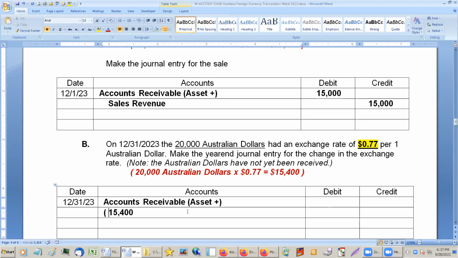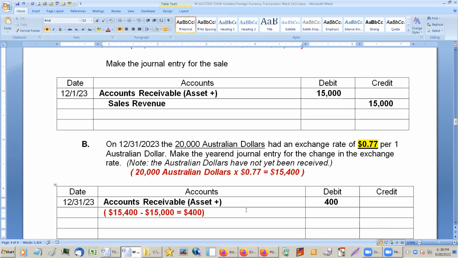Oops, these are in dollars. Okay, right. Okay, minus 15,000. Okay. So this is the amount that we are going to have to increase our accounts receivable by. And is this a good thing or a bad thing?